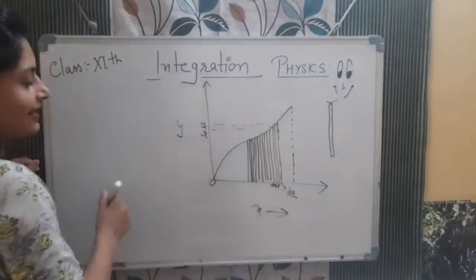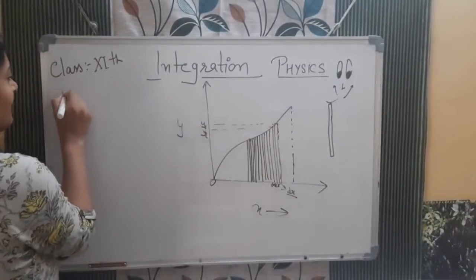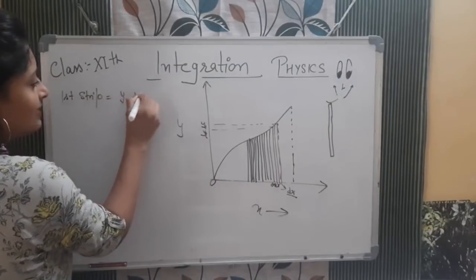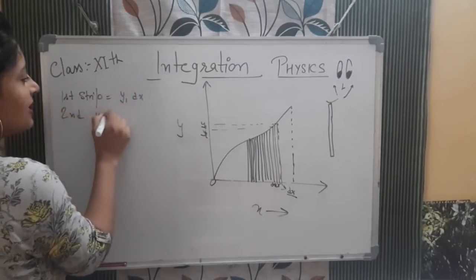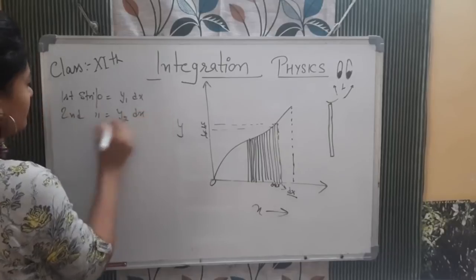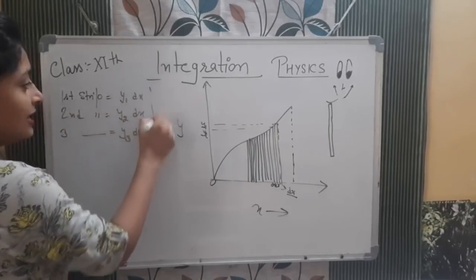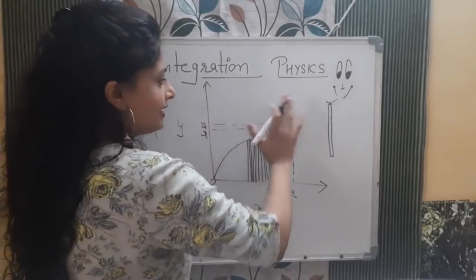So what will I write as the area of the first strip? If I write the first strip area, that will be what, bacha? y1 into dx. In the same way, the second strip area will be y2 into dx. The third strip area will be y3 into dx, like that. And if I want to find the total area, what will I do?